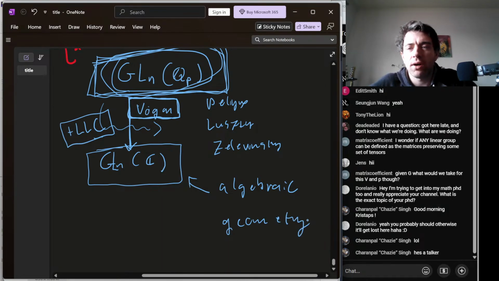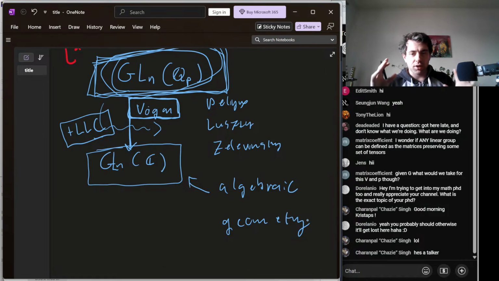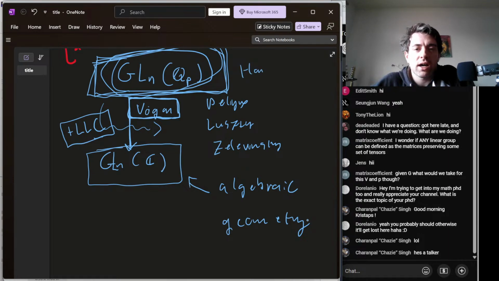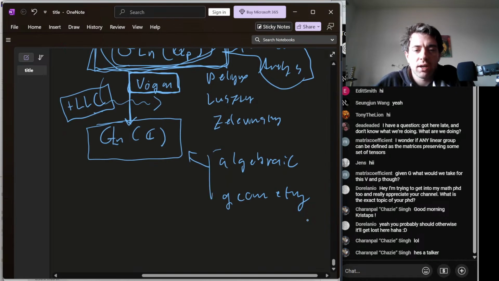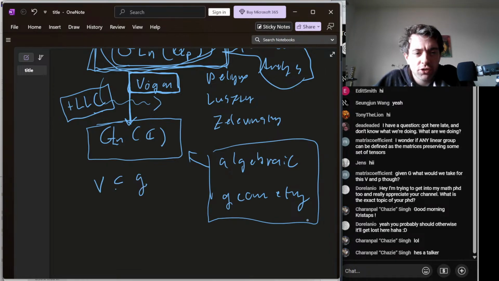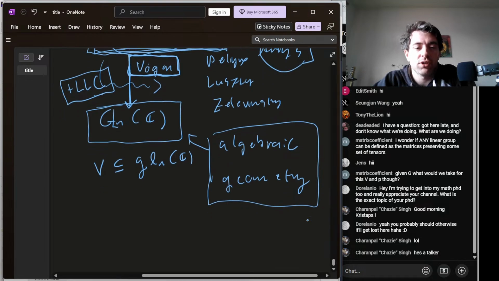So, I do representation theory as well. I do have to think about and prove things and understand things about the harmonic analysis up here. But actually, on a day-to-day basis, I really end up thinking about algebraic geometry. So we look at certain subvarieties of, let's just say, the Lie algebra of GLN. That's just a fancy way of saying n by n complex matrices.